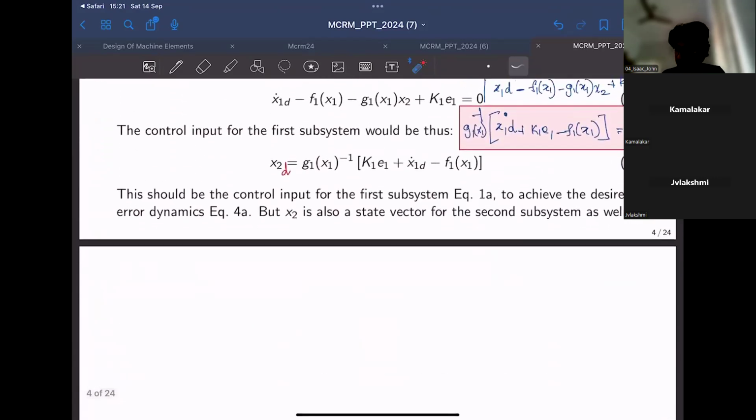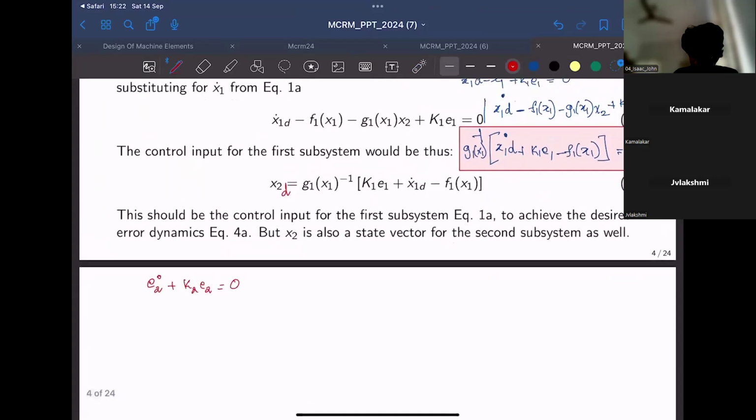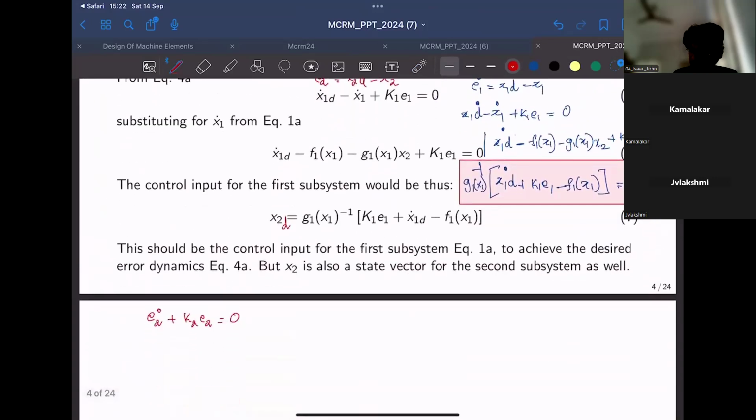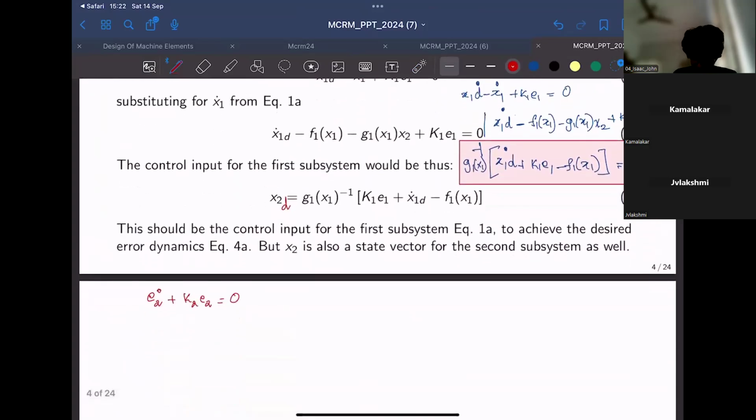So then how do we do that? I'll rewrite the second error dynamics over here: E2 dot plus K2 E2 should be equal to 0. I'll simply label that or keep it aside like this. Then E2 dot would be x2 desired dot minus x2 dot, plus K2 E2, equal to 0.